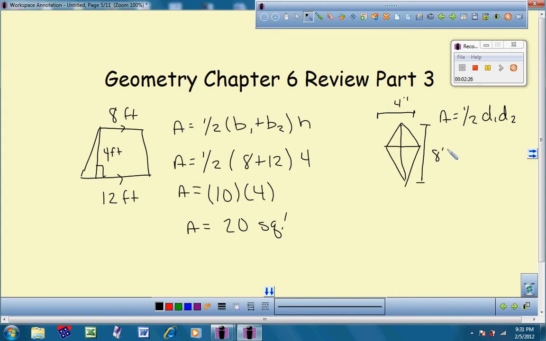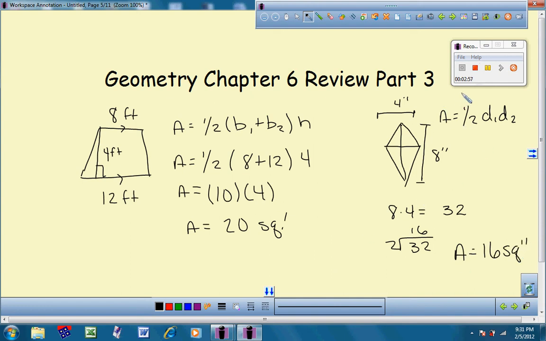Just say 4 inches and 8 inches. We multiply our diagonals together, so 8 times 4 is 32. Then we take half of 32, so we divide by 2. Half of 32 is 16, so the area of our kite here is 16 square inches.